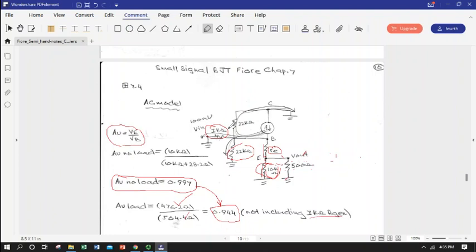So if we wanted to take that into account, we would have to admit to ourselves that our input voltage VB was not the same as Vin. It was really Vin minus the voltage drop over this. So we would have to take into account this voltage divider.